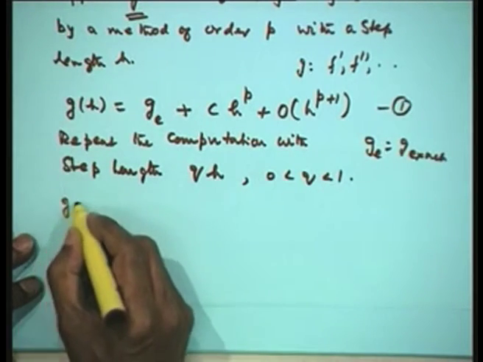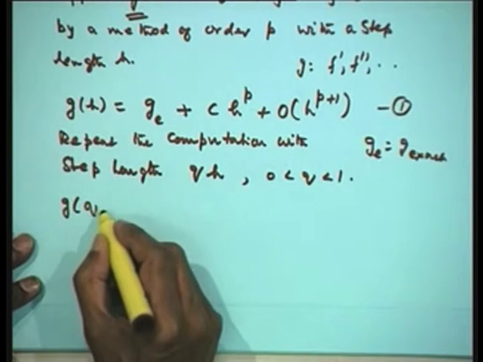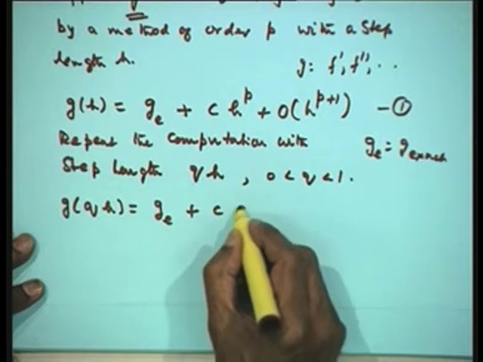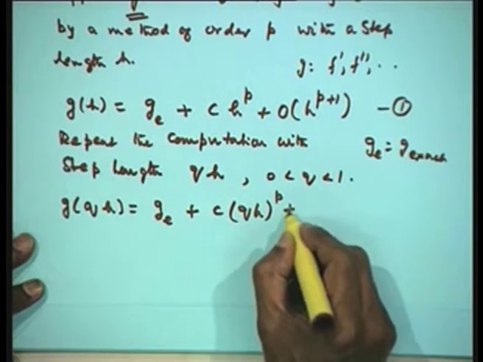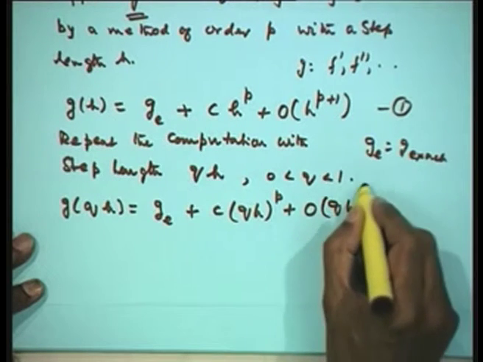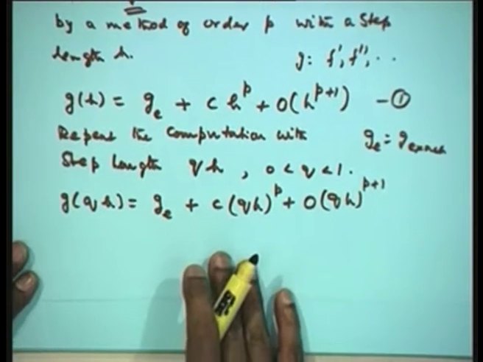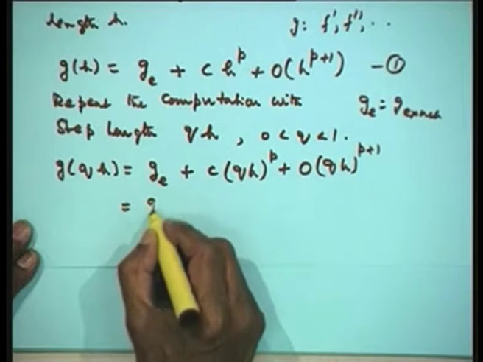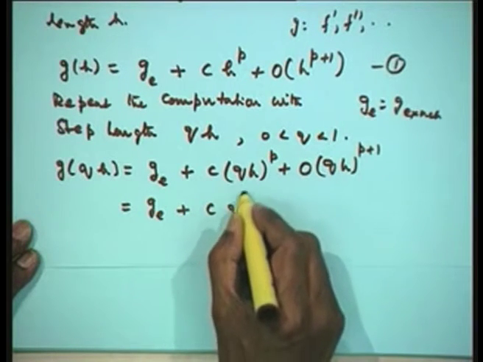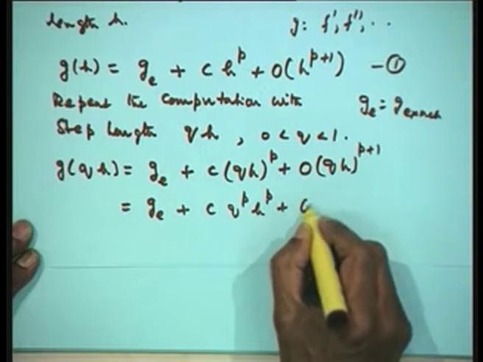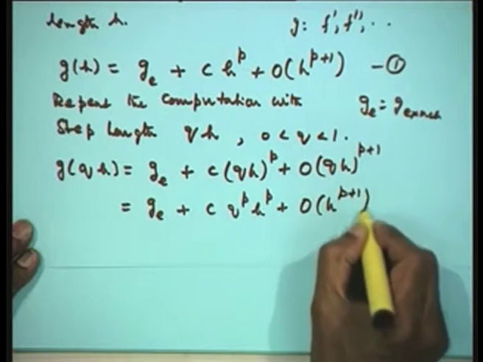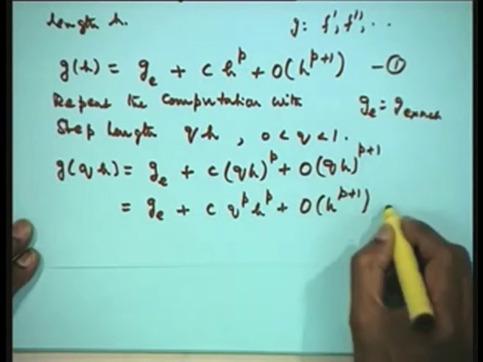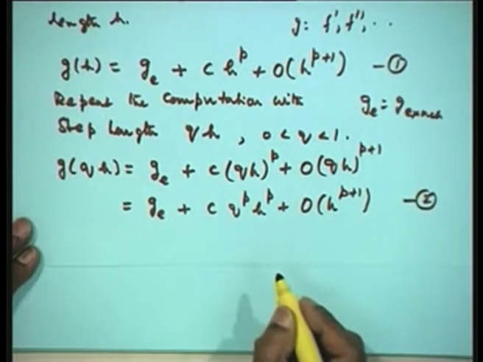Therefore, this equation 1 will now read as G q h is equal to G exact, plus C q times h to the power of p plus order of q times h to the power of p plus 1. So, let us repeat: G exact, C q to the power of p, h to the power of p, order of h to the power of p plus 1. This q to the power of p plus 1 is a number which can be absorbed in this order, so we absorb it and write it simply as order of h to the power of p plus 1.